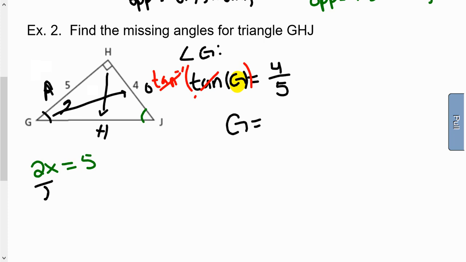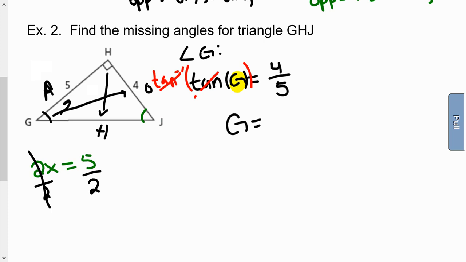If I divide by 2, those two operations undo each other. This tangent and this tangent inverse undo each other. But I can't just change one half of the equation and say it's still equal. So I have to do the same thing to the other side.